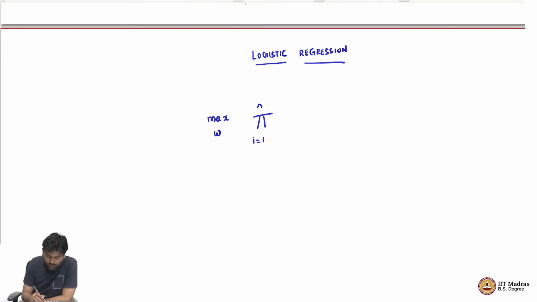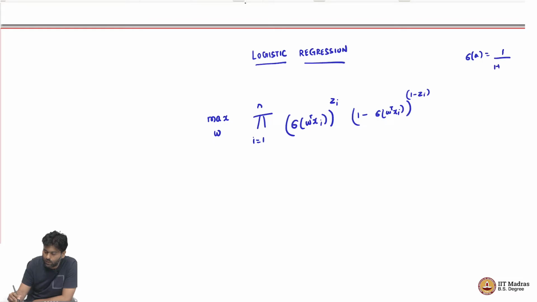We used sigma of W transpose xi, where sigma is the logistic function, to the power zi, times 1 minus sigma of W transpose xi to the power 1 minus zi, where sigma of a is 1 by 1 plus e power minus a.